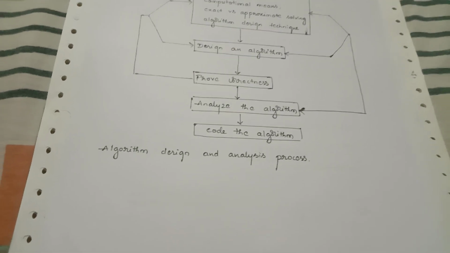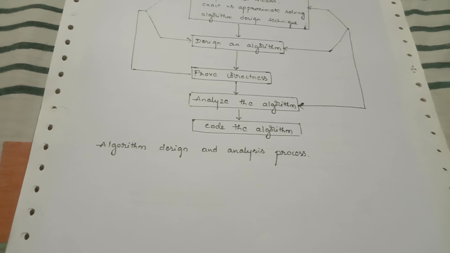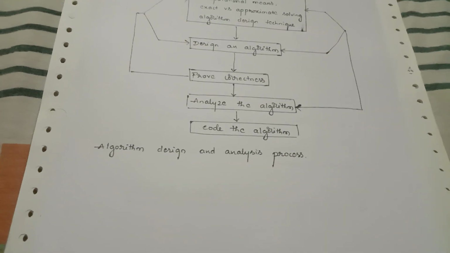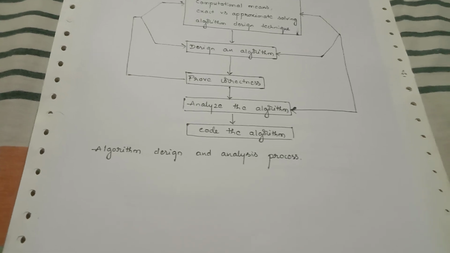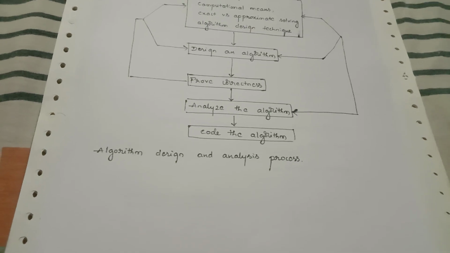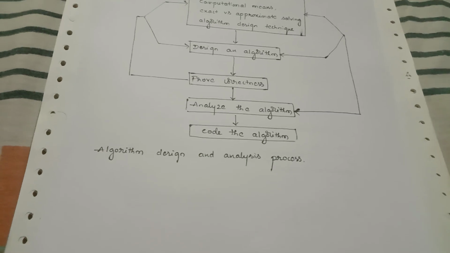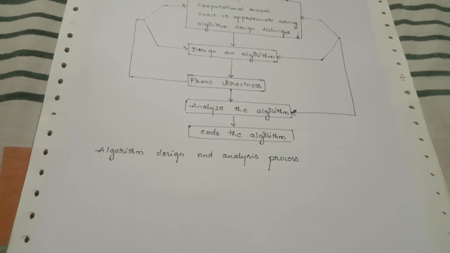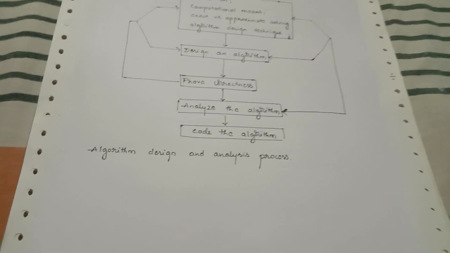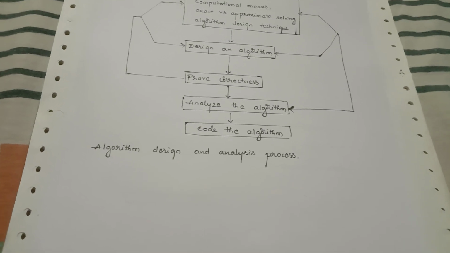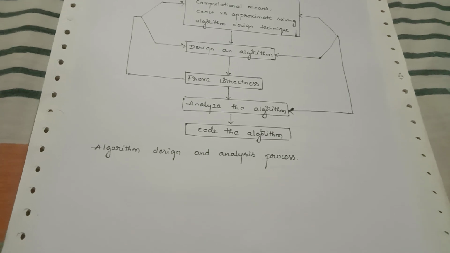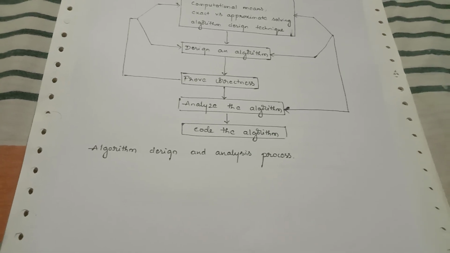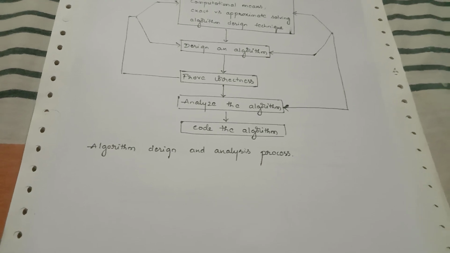Another method by which we can represent our algorithm is a flowchart. A flowchart is a method of expressing an algorithm by a collection of connected geometric shapes containing descriptions of the algorithm steps. This representation technique has proved to be inconvenient for all but very simple algorithms.